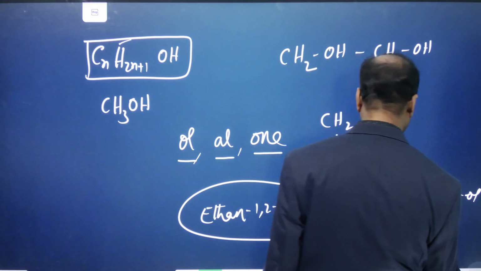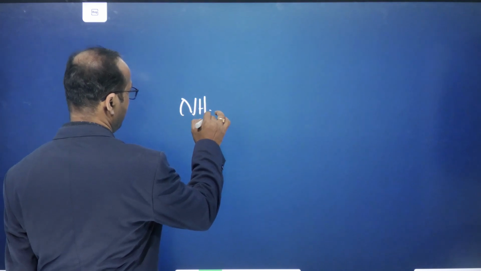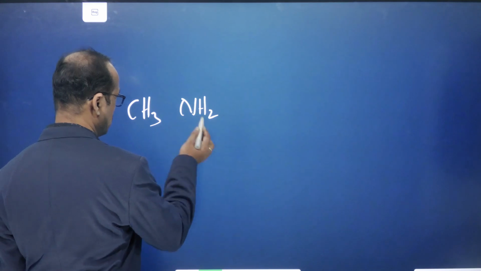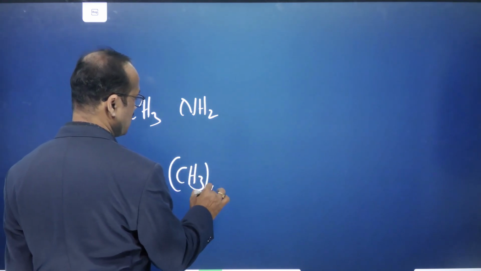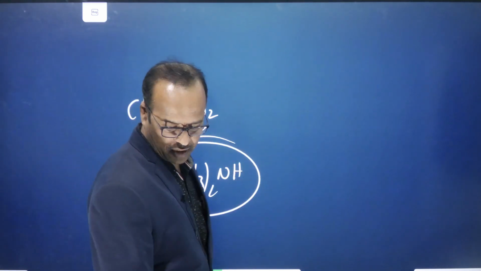NH2 is amine. Methane is CH3. Aminomethane means what? 2 methyl groups will be there. So CH3 taken twice, NH. So the option is, sorry, the third option.